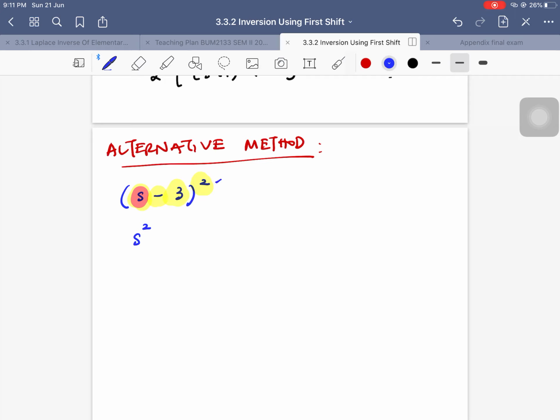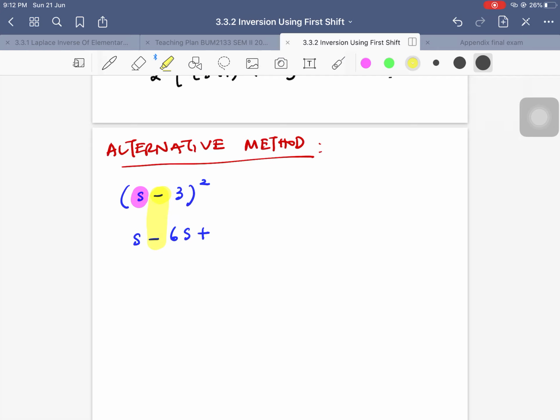So when I multiply s, negative 3 and 2, I end up with negative 6s, because 3 multiplied by 2 is 6, multiplied by s, that's negative 6s. If this is negative, this is also going to be negative, because I multiplied the whole thing. But the one at the back, the sign is always going to be positive.